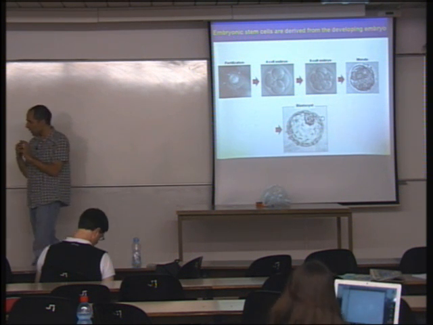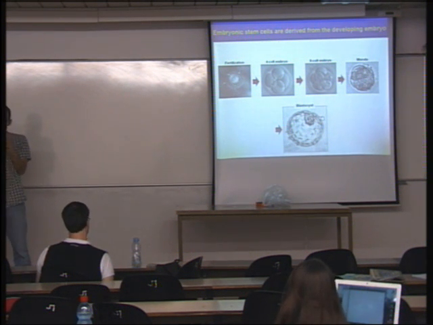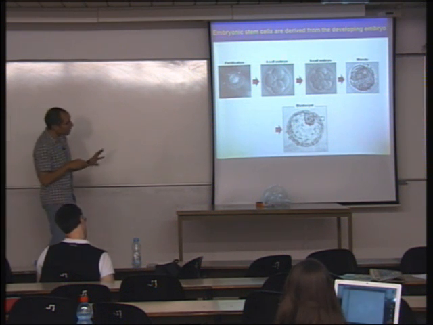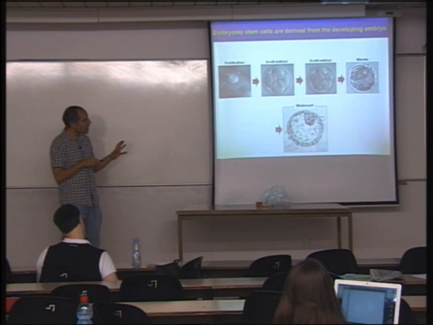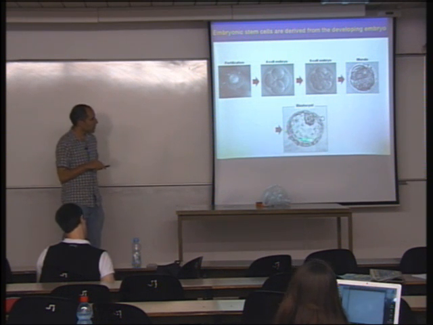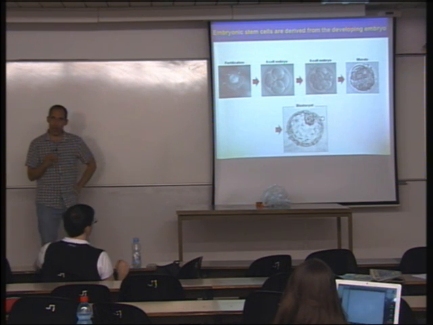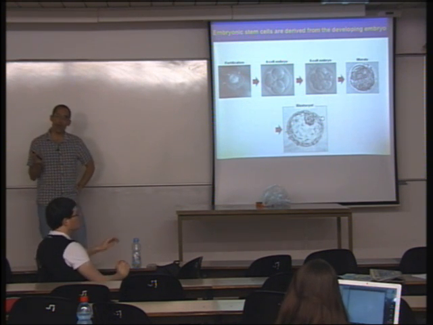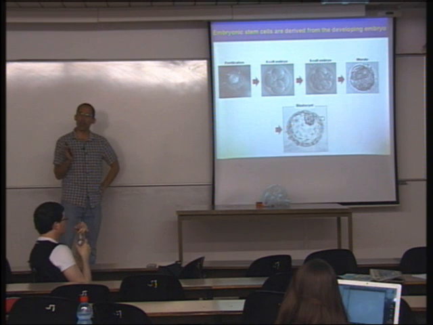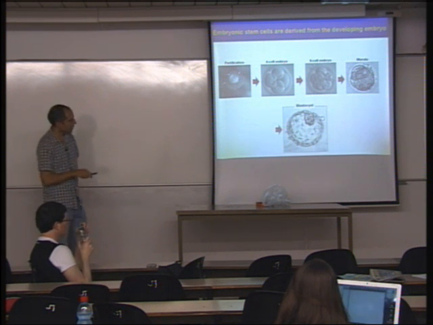And this morula increases in size and cell number, and after about 4.5 days in humans, it turns into what we call a blastocyst. So in mice, we're talking about day 3.5, and in humans, day 4.5, okay?